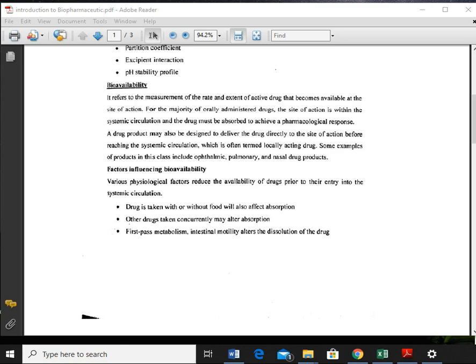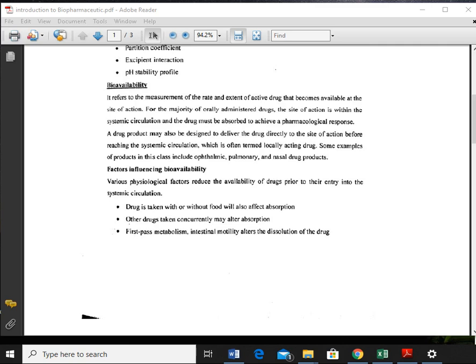A drug product may also be designed to deliver the drug directly to the site of action before reaching the systemic circulation, which is often termed locally acting drug, like cream, ointment. Some examples of products in this class include ophthalmic, pulmonary and nasal drug products. They produce their localized action and then proceed to the systemic circulation.